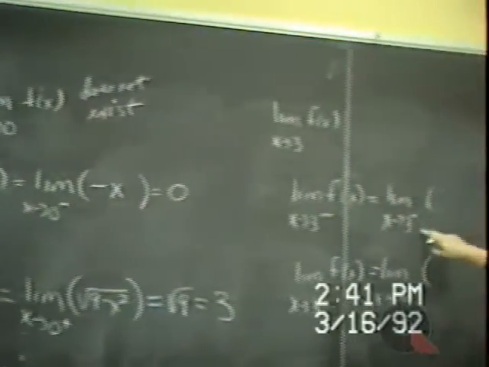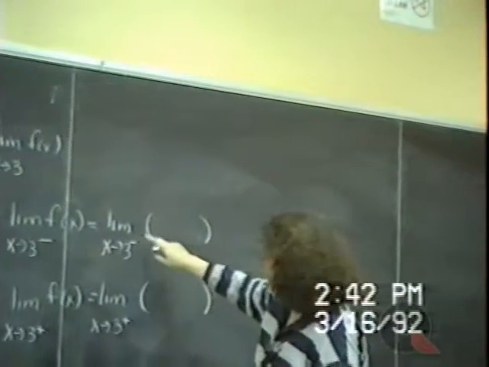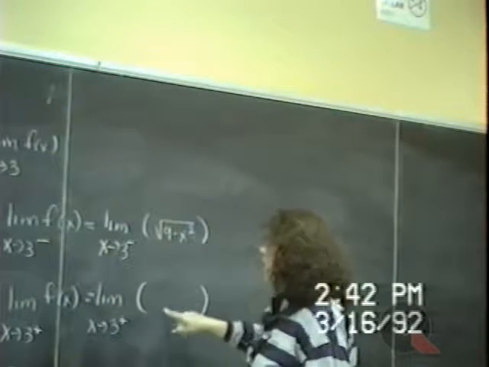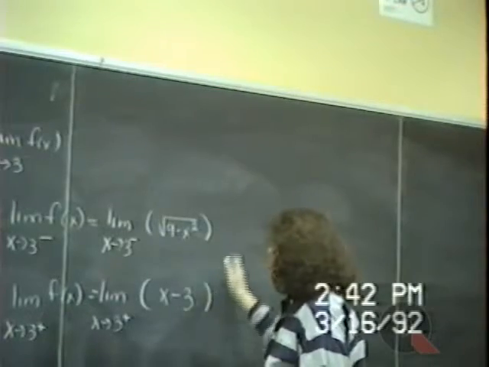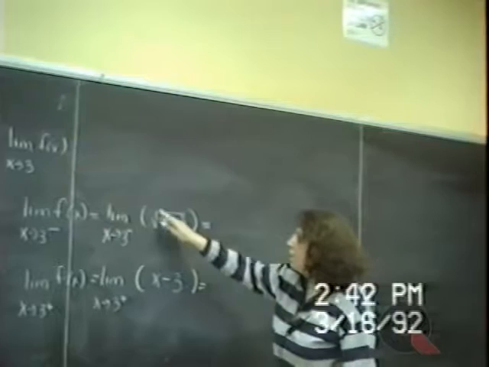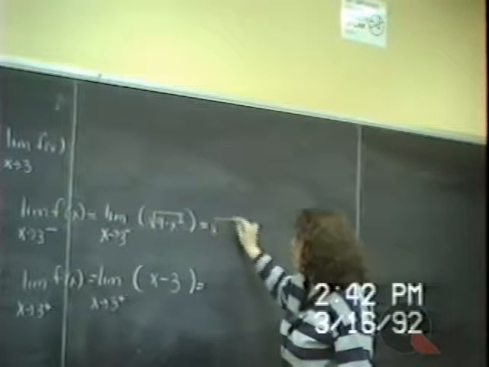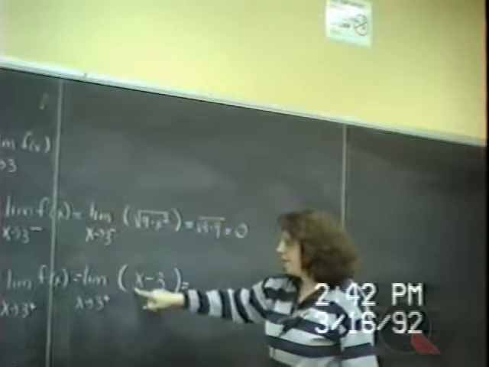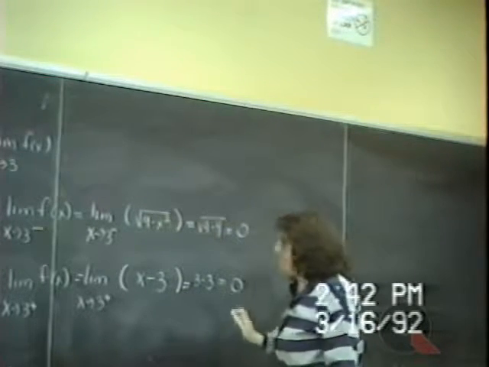These limits can now be evaluated by substitution. The square root of 9 minus 3 squared, the square root of 9 minus 9, the square root of 0, or 0. Here, as x approaches 3, 3 minus 3 is also 0.